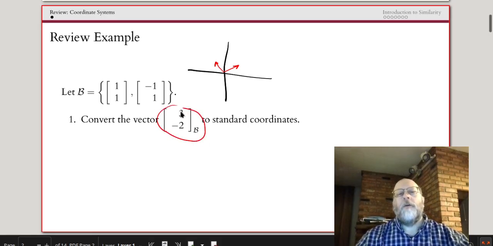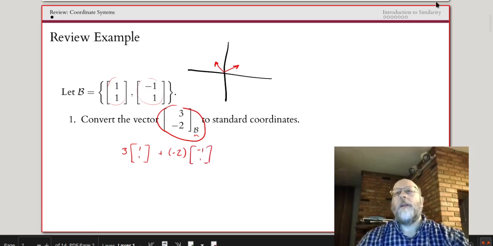When we see this little b under it, we're saying that this doesn't mean 3 in the x direction and negative 2 in the y direction. It means 3 of this vector and negative 2 of this vector. So that's 3 copies of 1, 1 and negative 2 copies of negative 1, 1.